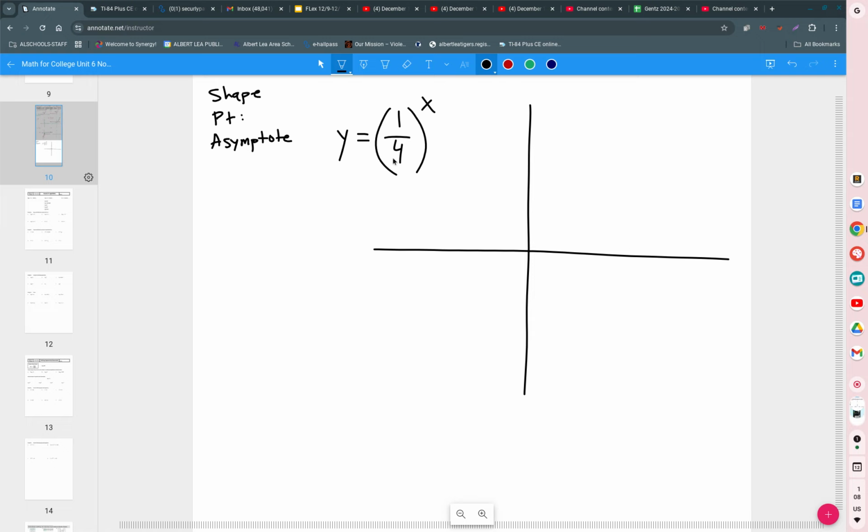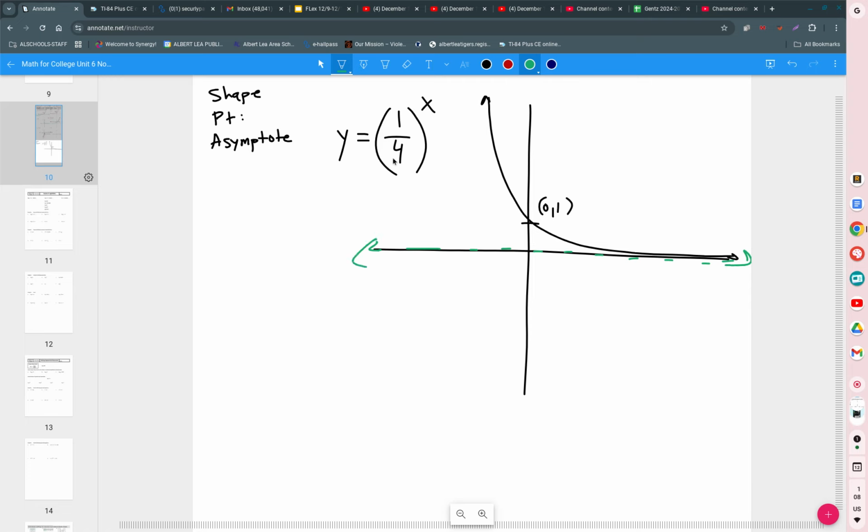Okay, I see that this is a 1/4. This is a number that's smaller than 1, so how does that change the graph? It's going to start up and finish down. Still goes through 0, 1, but it starts up and it finishes like that. The asymptote, still just like that.